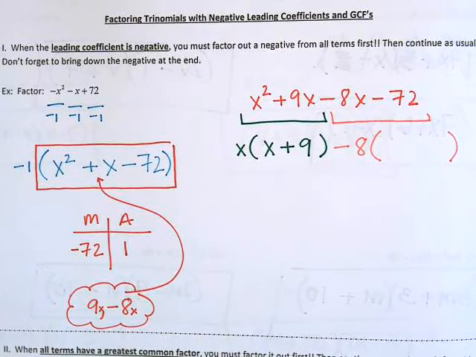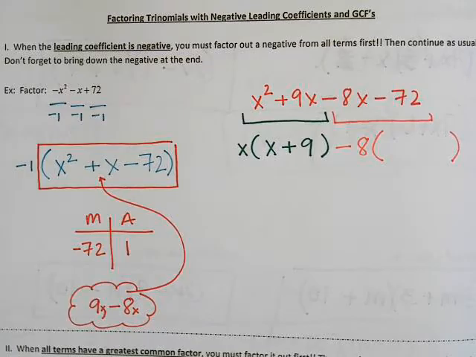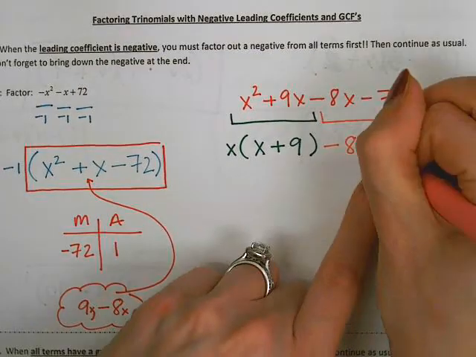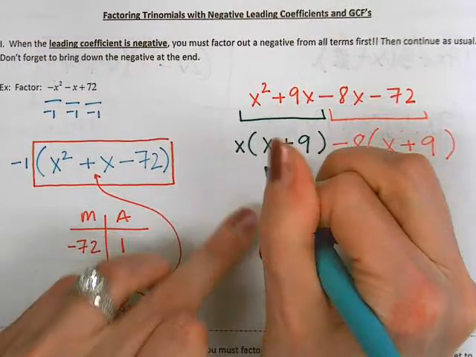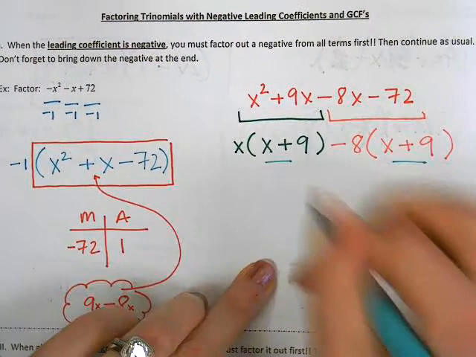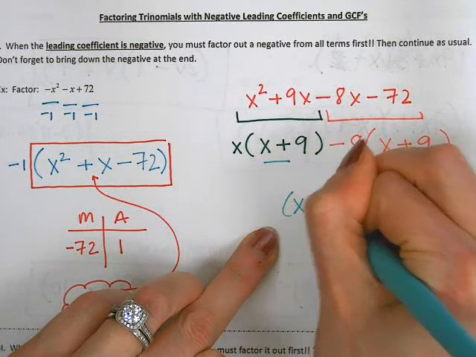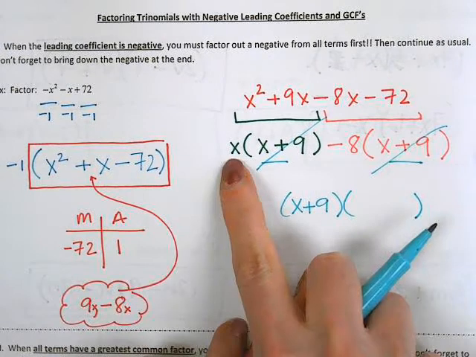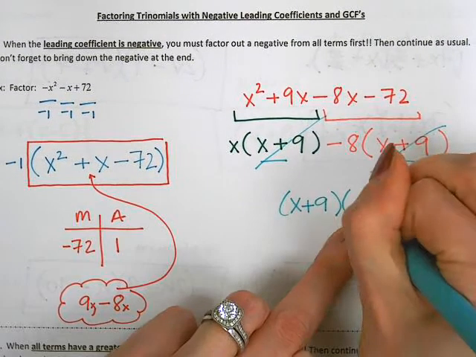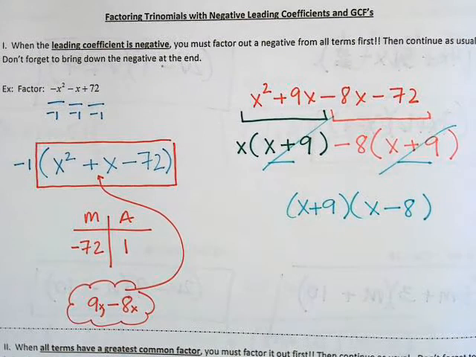So we're dividing both by -8. And if you do that, you get x plus 9, which we know is good because now that they both have an x plus 9, we get to take that out. And the remaining parenthesis is what's left over, the x minus the 8.